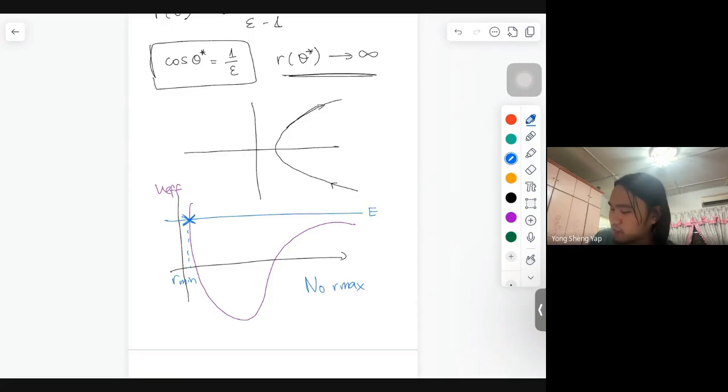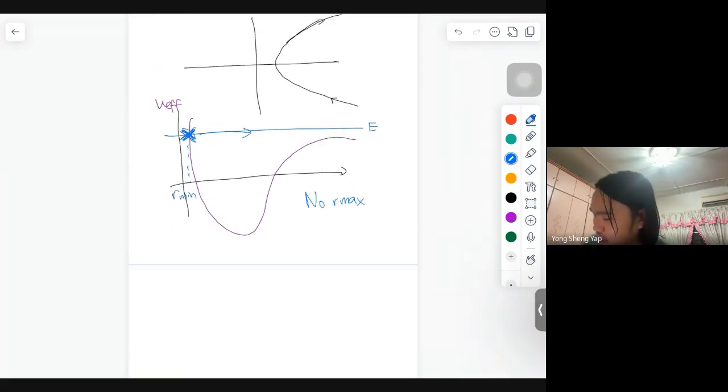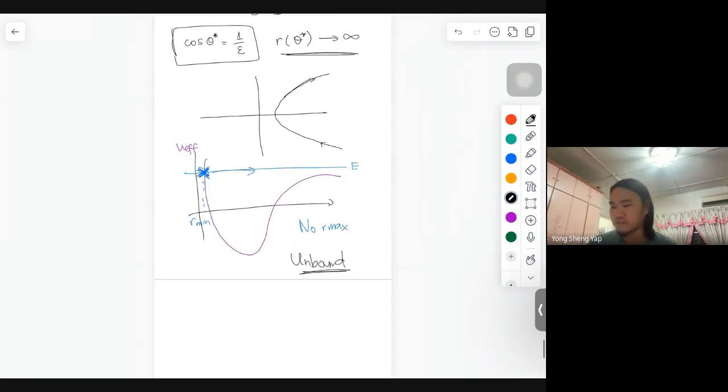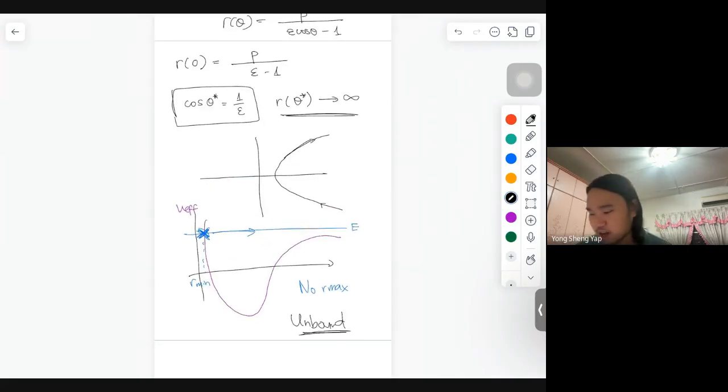Once the particle hits r min, it continues to move further and further away without bound. So this is not a bounded orbit, but what we call an unbound path of the particle. This is a solution given the effective potential.